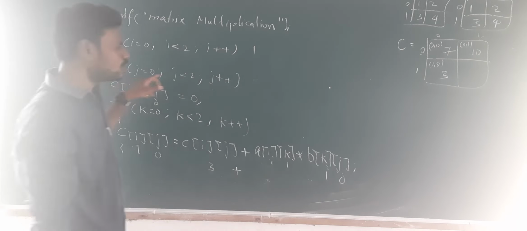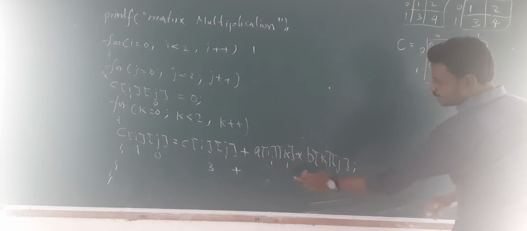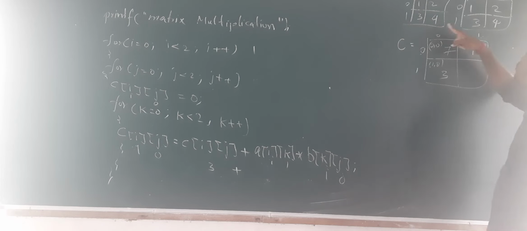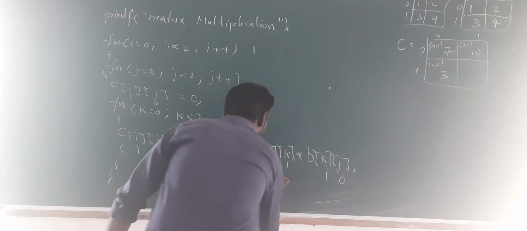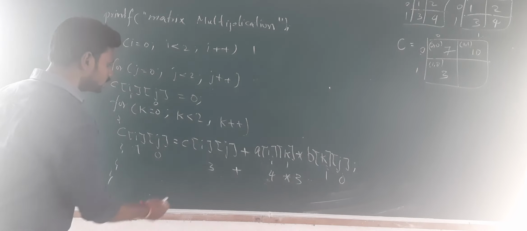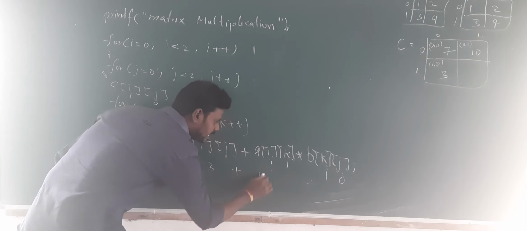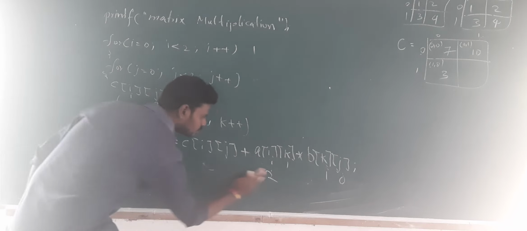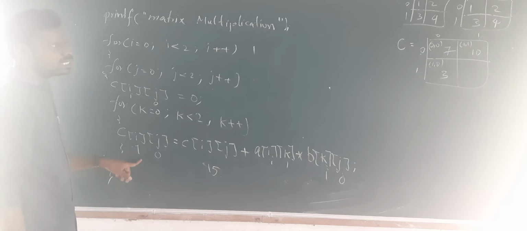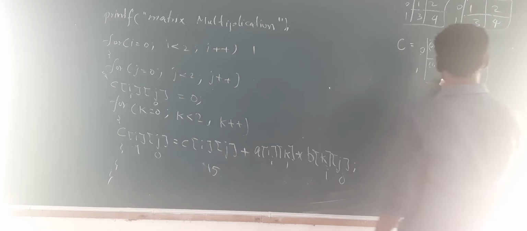At A of 1 1 we are having 4 and at B of 1 0 we are having 3. 4 into 3 will return us 12. 12 plus 3 will return us 15. 15 will be saved at C of 1 0.